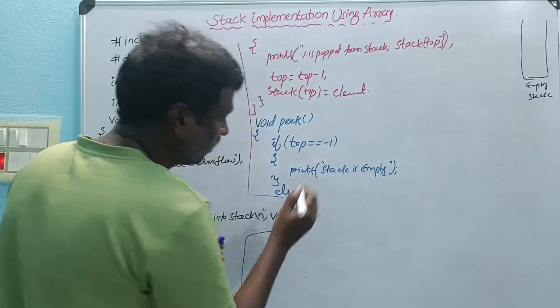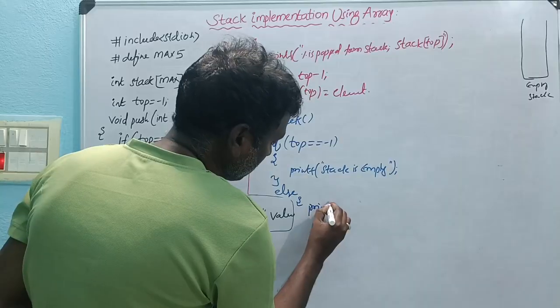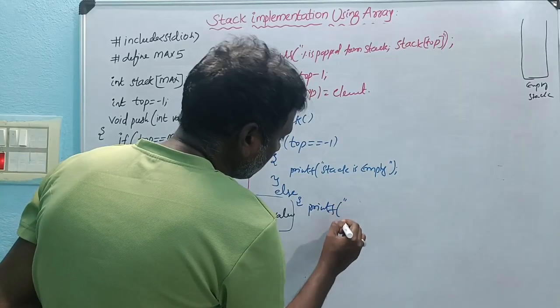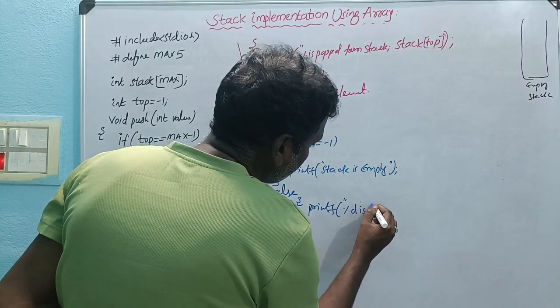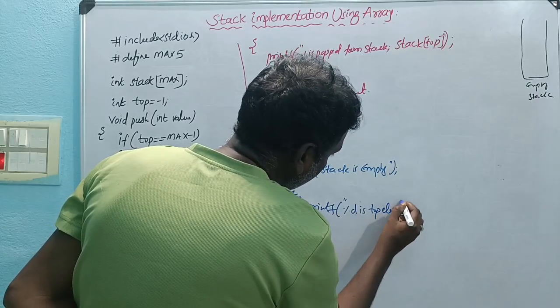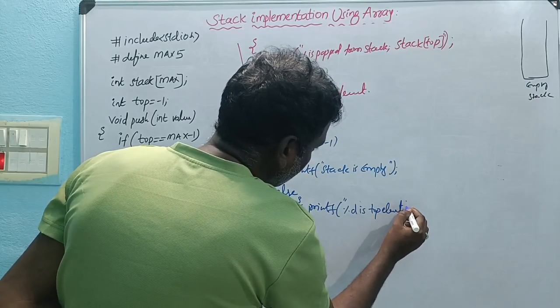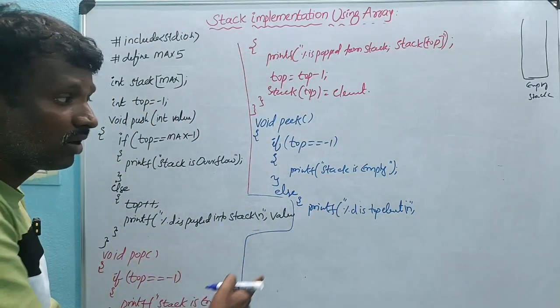Else what will be executed? Printf "%d is the top element".